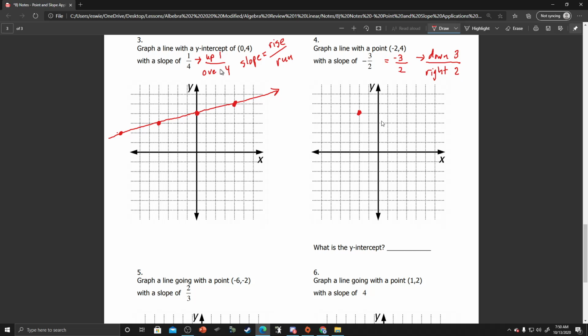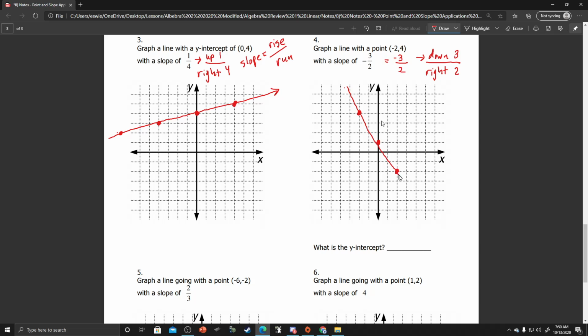Maybe I should say right instead of over. If it's positive, it's right. If it were negative, it would be left. So down 3 over 2.